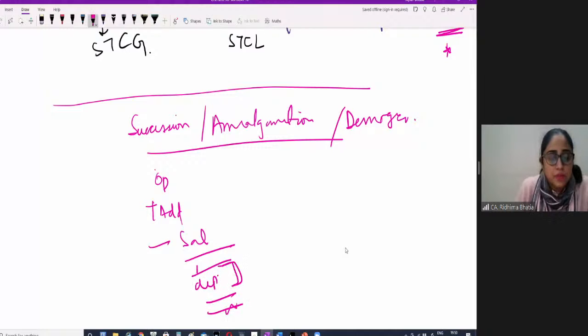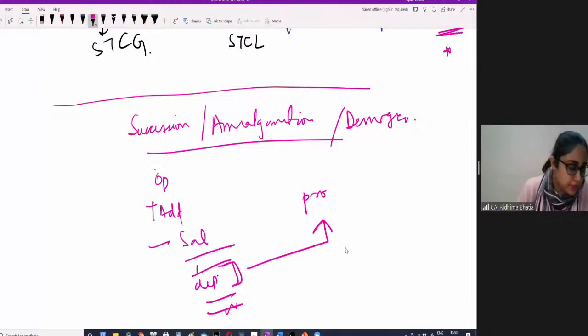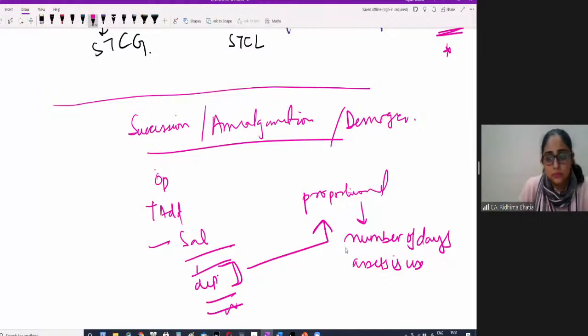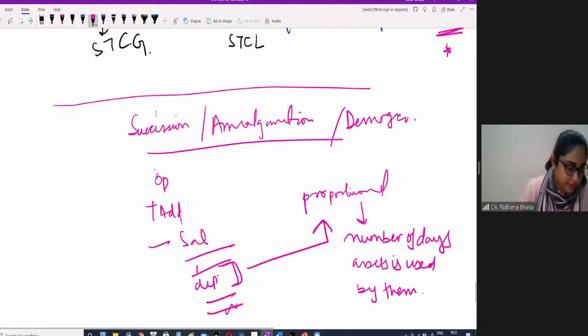Now, this depreciation will then be proportionated basis the number of days the asset is used by each one of them.